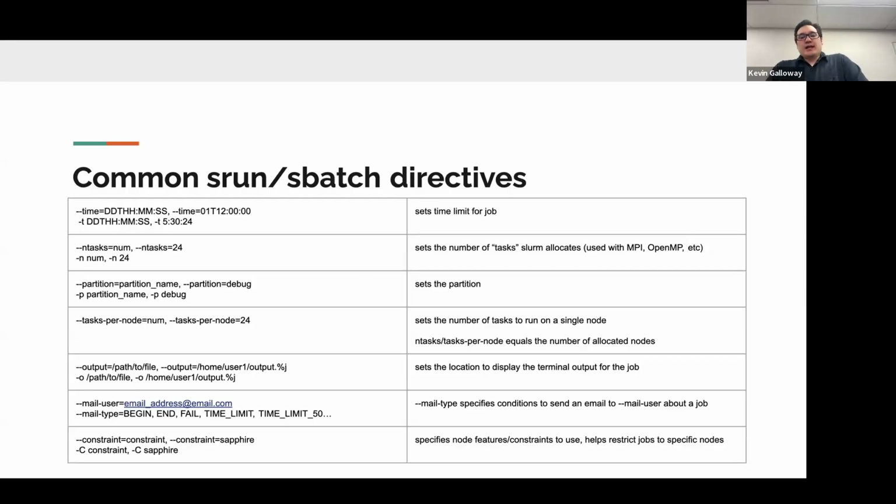And finally, there's this constraint flag. A lot of centers use this for specifying between GPU or CPU nodes or even particular generations of nodes, which is what we do. We've labeled most of our nodes with what processor type they are, specifically our Intel flavors because they are 3 different generations. So you can request, hey, I want Sapphire nodes, the Sapphire Rapids ones.